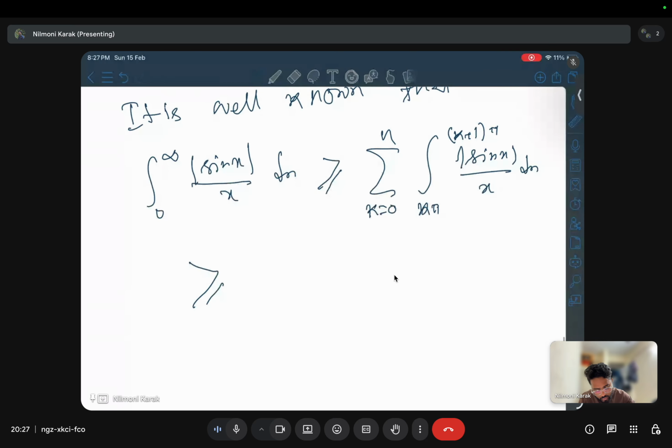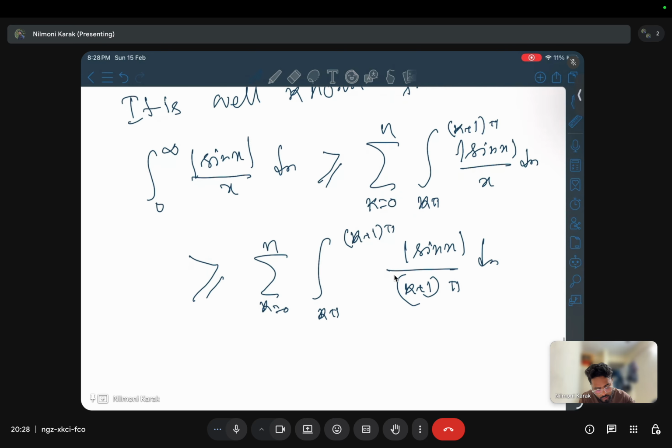This is greater than or equal to the sum for k equals 0 to n, taking the lower bound of 1 by x, which is 1 by (k plus 1) pi, times the integral from k pi to (k plus 1) pi of mod sin x dx.